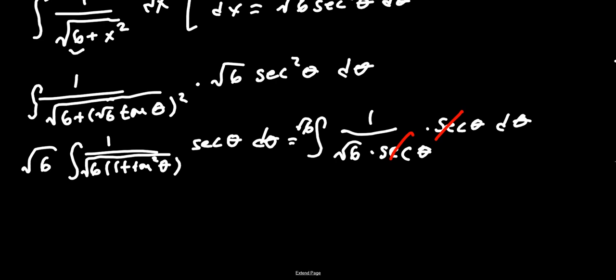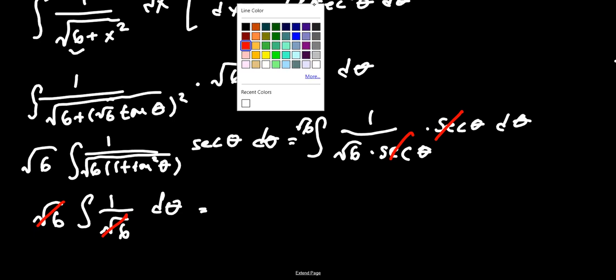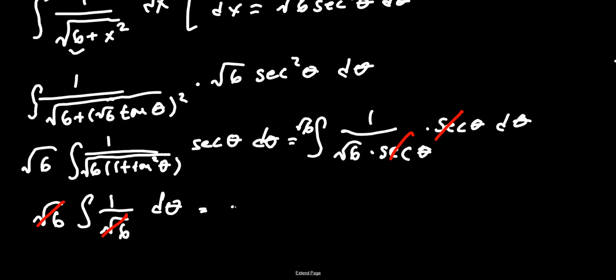We're going to be left with the square root of 6 times the integral of 1 over square root of 6. And now we can just multiply everything in. So this is equal to, the root 6 and the root 6 are going to cancel. And we're going to be left with the integral of d theta, which is just theta.